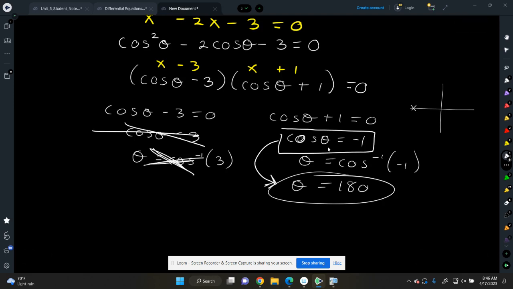Would we even have to switch it to cosine theta plus 1 equals 0? Up there it's x minus 3 and x plus 1. Why can't we just stop there? What do you mean? I'm not following you. Instead of switching it to cosine theta plus 1 equals 0. Why can't we just leave it as x minus 3, because I'm not trying to solve for x. I'm trying to solve for theta. It's the same answer.